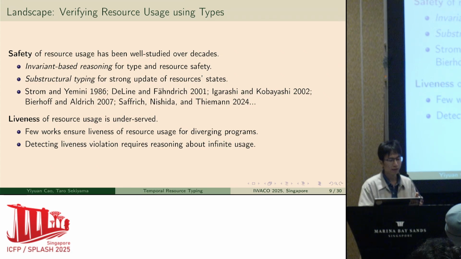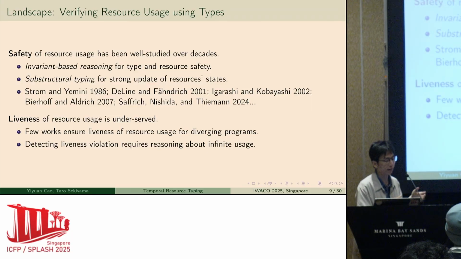And second, they apply substructural typing techniques, such as linear typing, ordered typing, or ownership types, for strong update of resource states. Representative works here include typestate systems, resource usage analysis, and others.